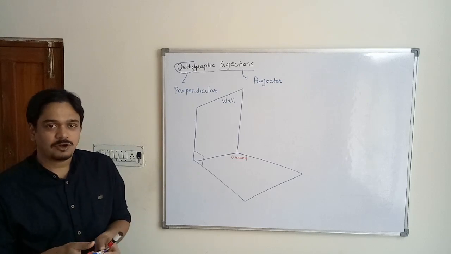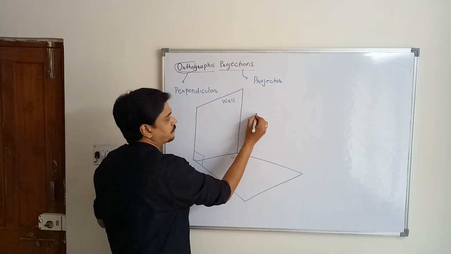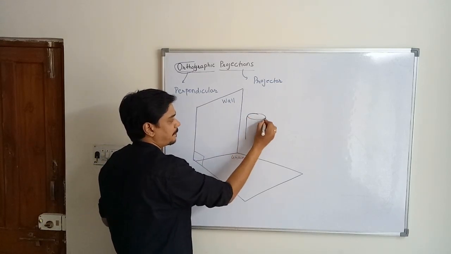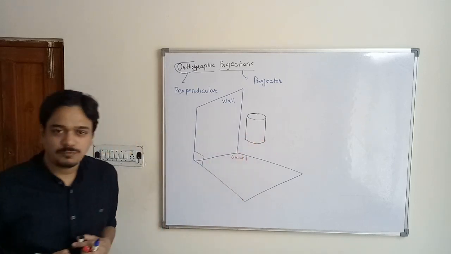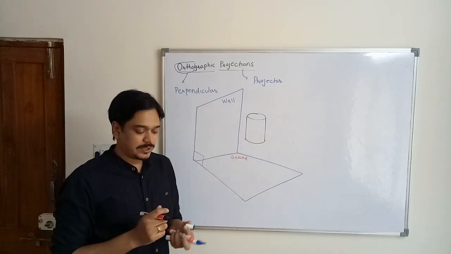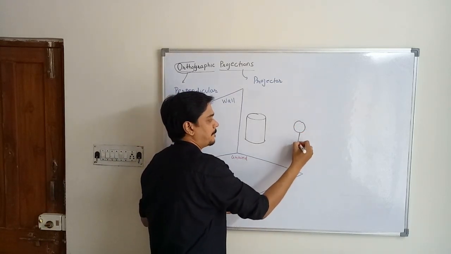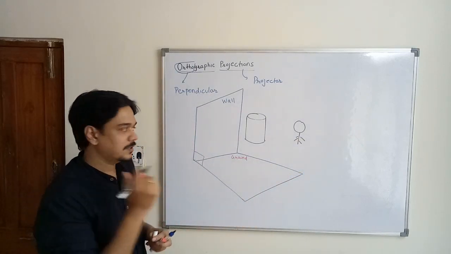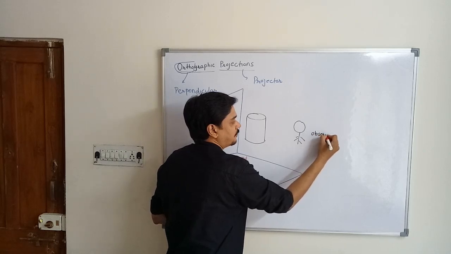So if you place an object between this wall, so let us take an object as a cylinder. If you place a cylinder between the wall and an observer, so you have an observer, that is this. So this is an observer.